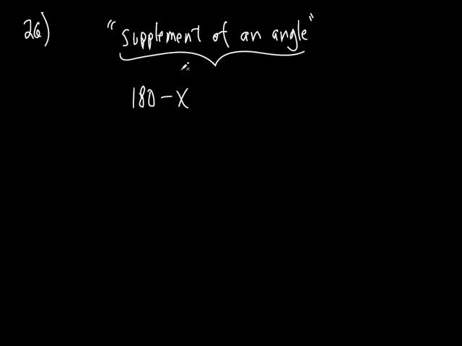Let's keep reading. It says the measure of an angle's supplement is, and what do I write in algebra when it says is? Equals, right. So 180 minus x equals 76 less than the angle.